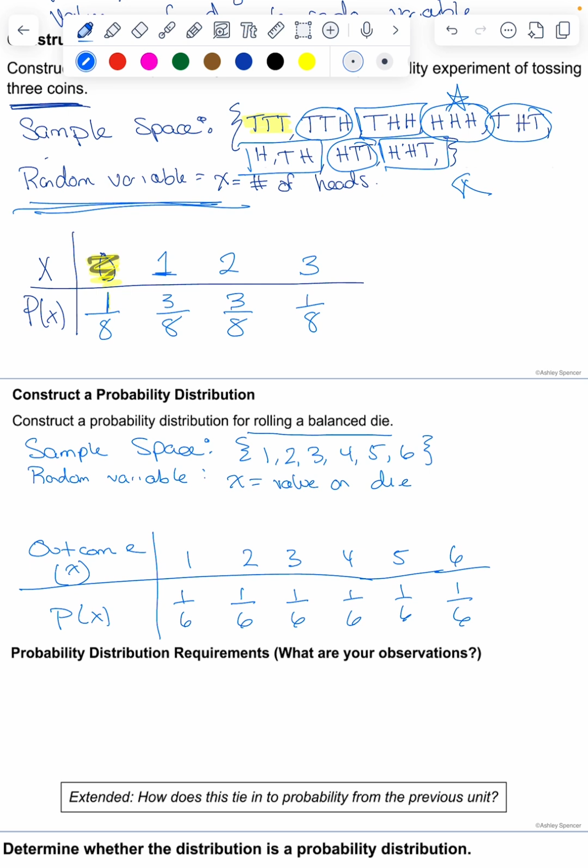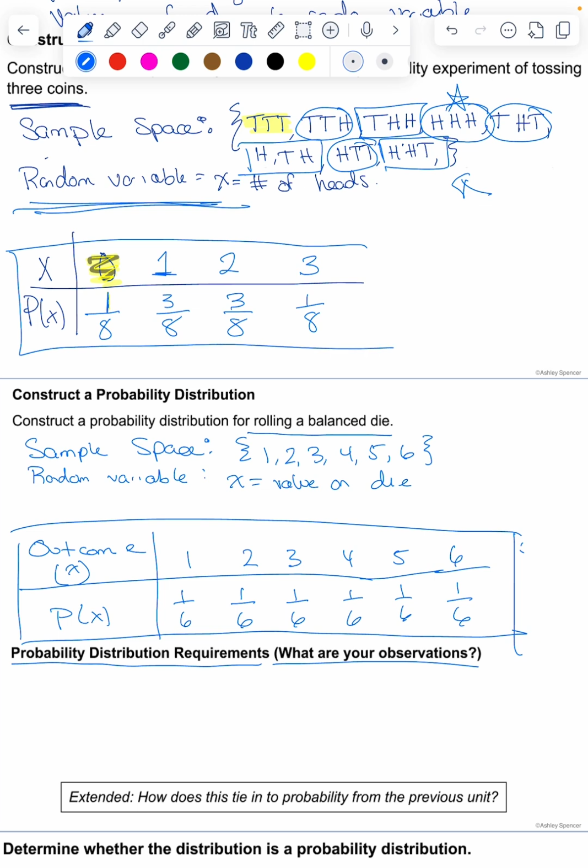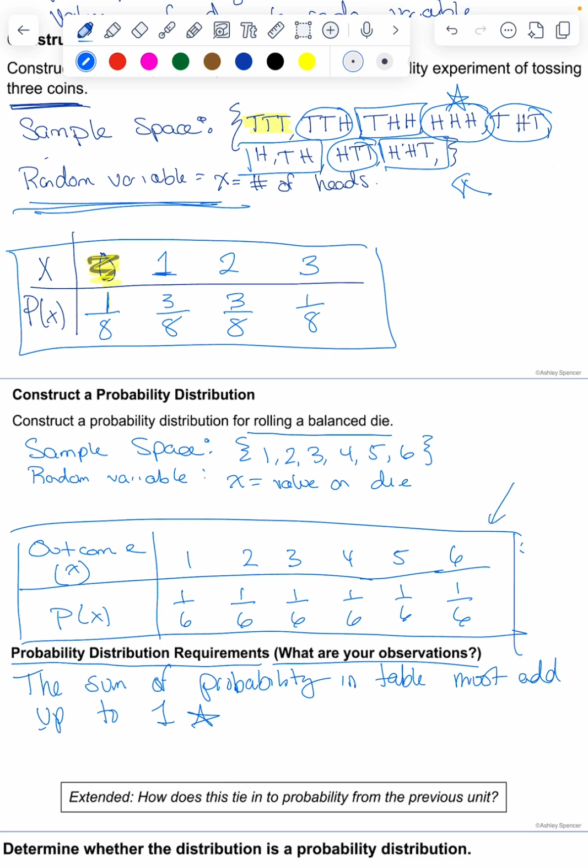So a few things about probability distribution requirements. What are your observations about these tables? I hope you notice that the sum of the probabilities in the table must add up to 1, right? That is a key. It determines that this table is an accurate probability distribution.